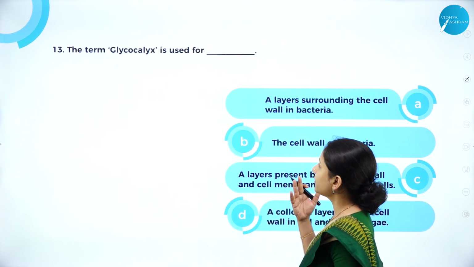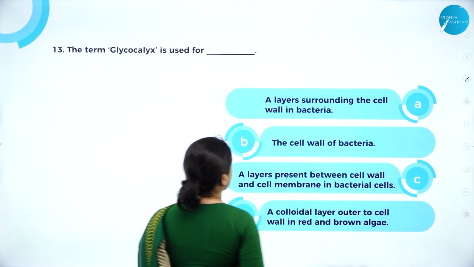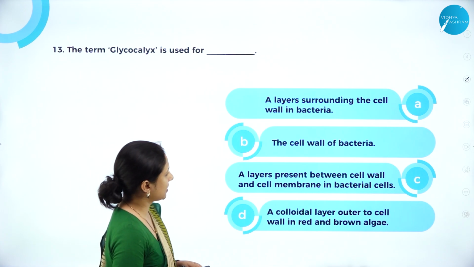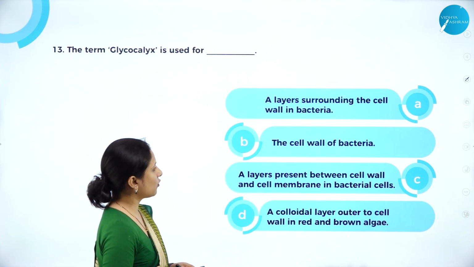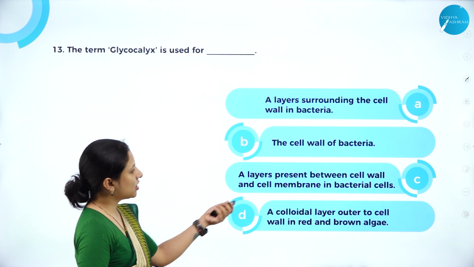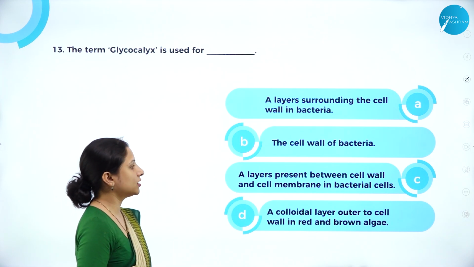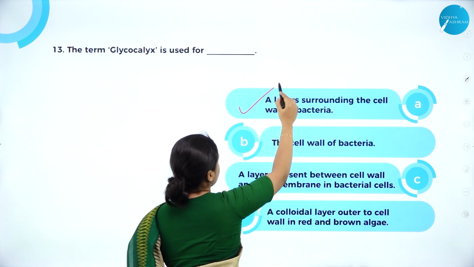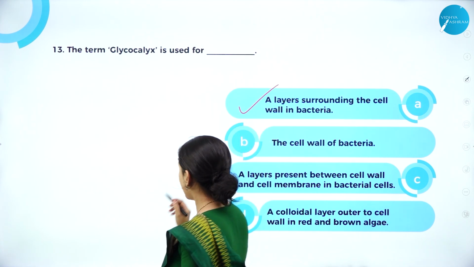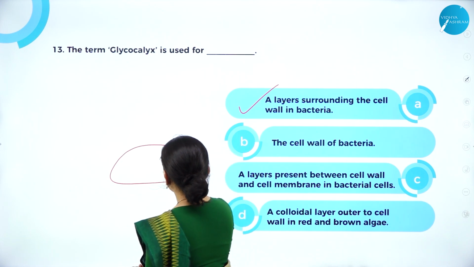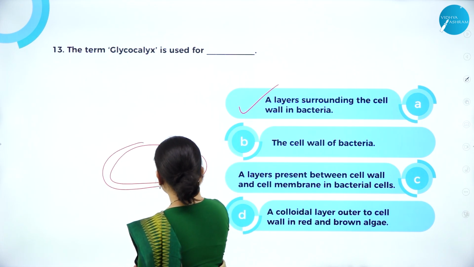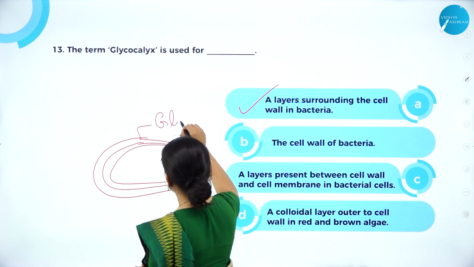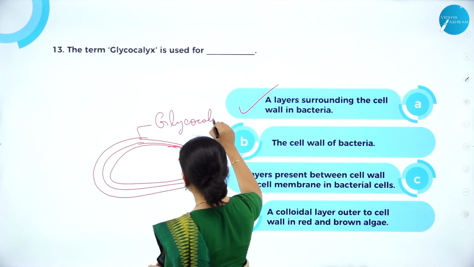Next question: the term glycocalyx is used for a layer surrounding the cell wall in bacteria, a layer present between the cell wall and cell membrane in bacterial cells, or a colloidal layer outer to the cell wall in red and brown algae. The right answer is option A, because the envelope of bacteria is made up of three layers, where the outermost layer is the glycocalyx.